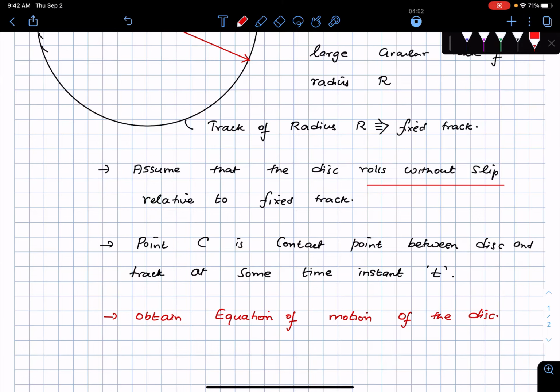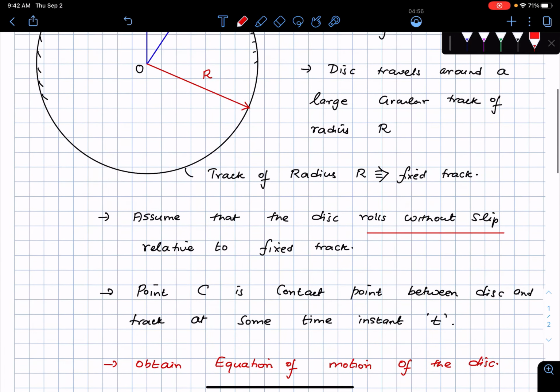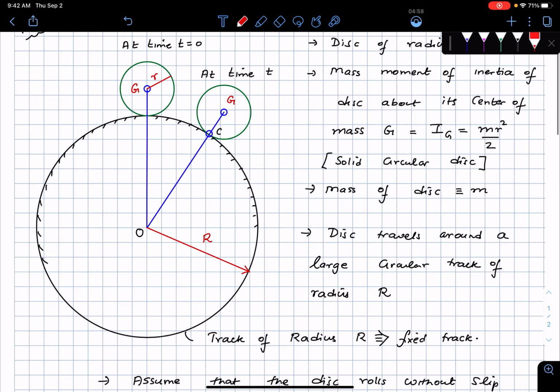Now we are essentially looking at the following figure, and if I just go back to the figure, I have this position at time t is equal to 0. I have the position of the disk at time t is equal to some t, arbitrary t. The point O is a fixed point. Okay, so this is the center of the circular track.